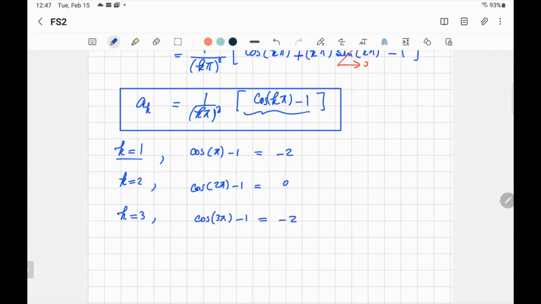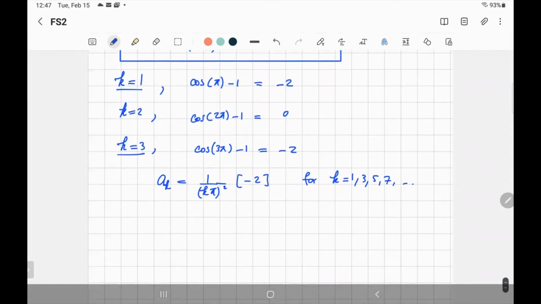So it's obvious now. When k is odd, this value is -2, and when k is even, it is 0. So you can say a_k equals 1 over k pi square times -2, for k equal 1, 3, 5, 7, and so on.